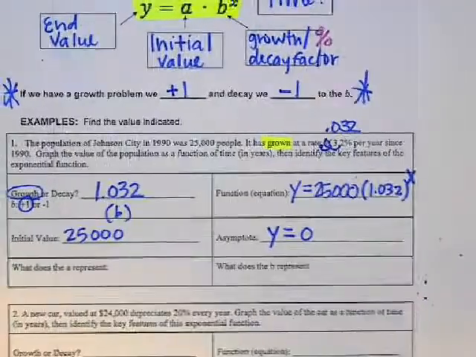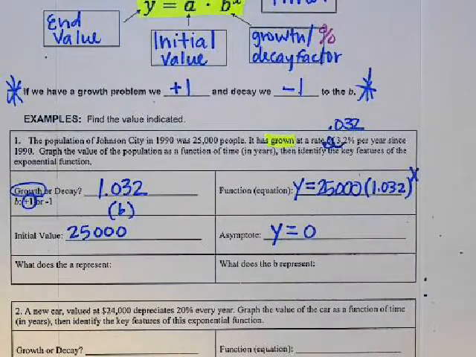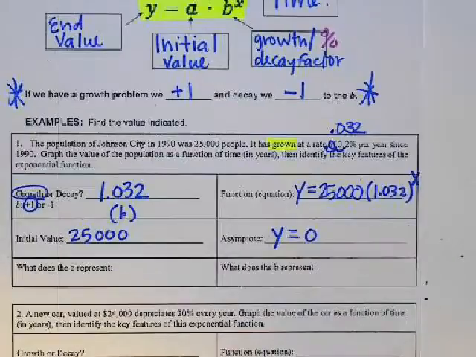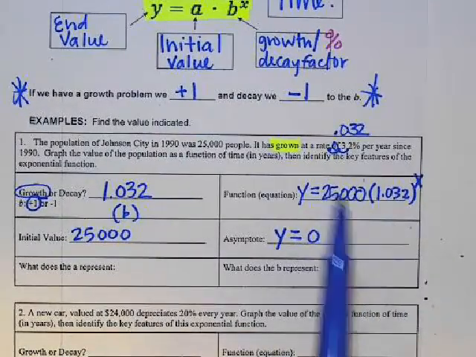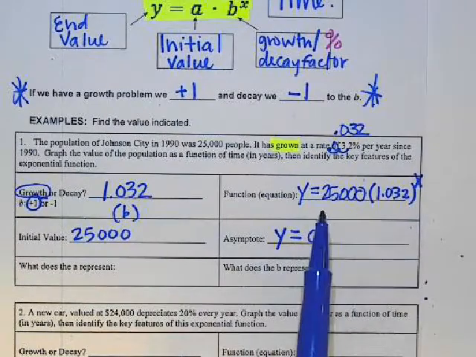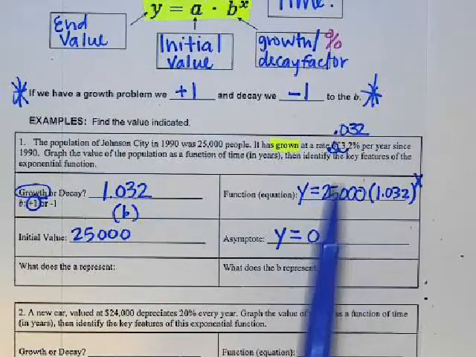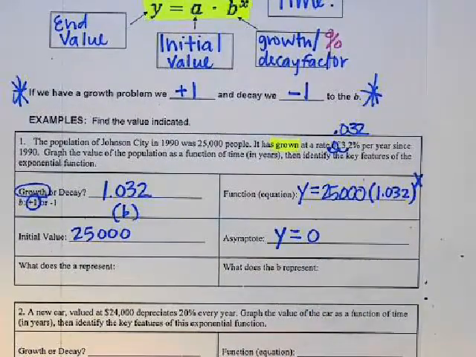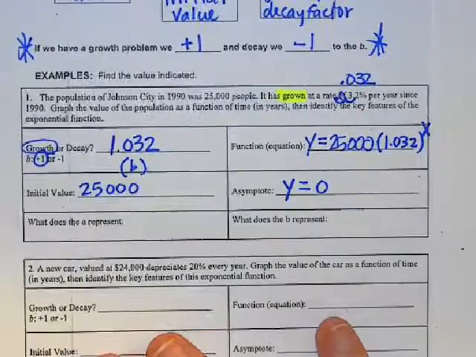Okay. In real words, that goes along with the problem. What does my A number represent? Well, what is the A number? Initial population. A is the initial population, which is 25,000. So how could I write that as a complete sentence? What does A represent?